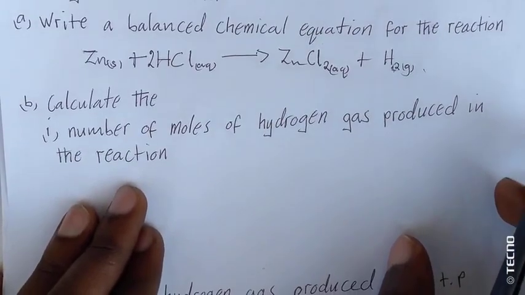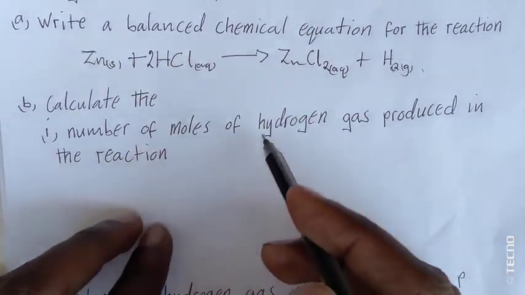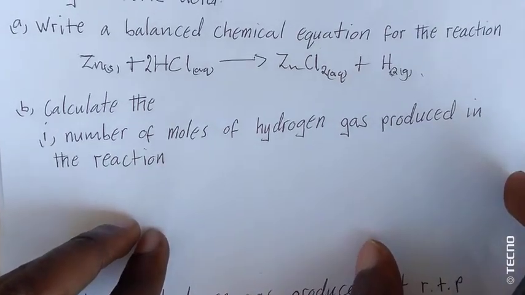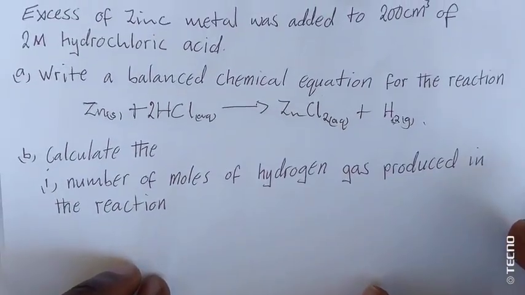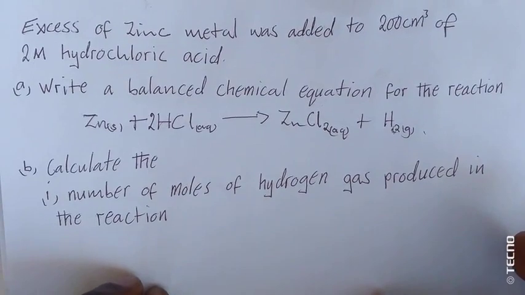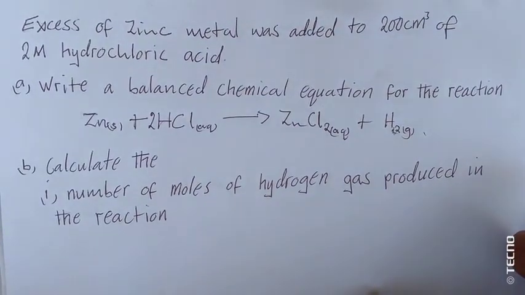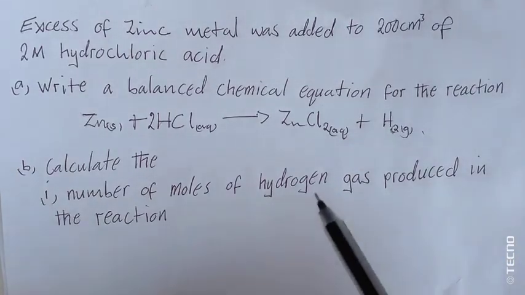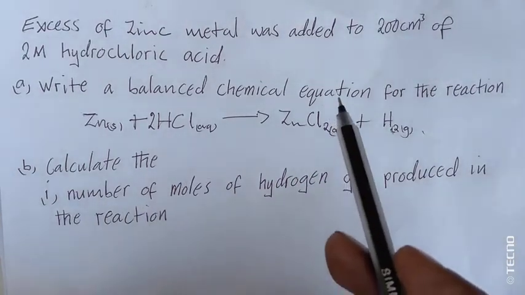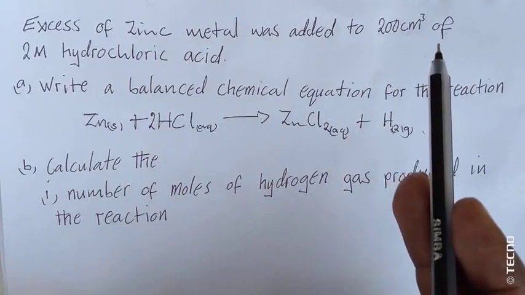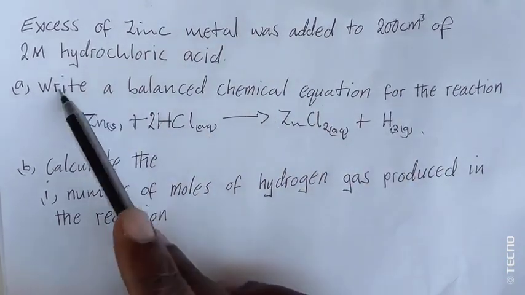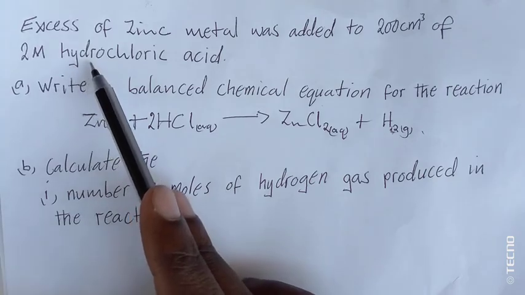So question B, calculate the number of moles of hydrogen gas produced. Here you just need to use what you have been given. We have been given the volume of hydrochloric acid and the concentration of hydrochloric acid.